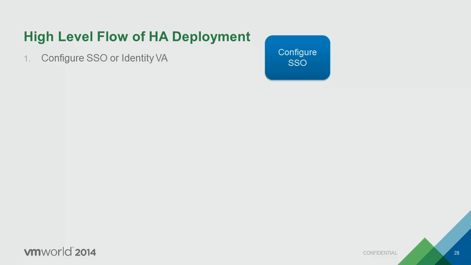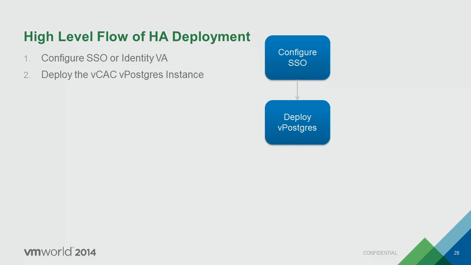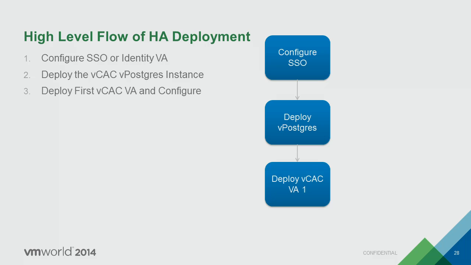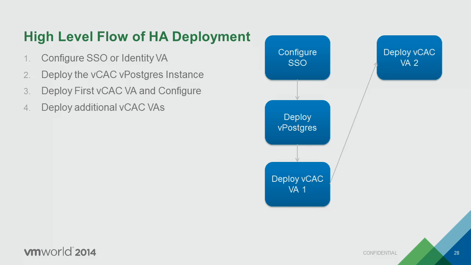If you're fine with fault tolerance, you can use the identity VA. Then you'll deploy the vCAC vPostgres instance, which we'll talk about more later on. Following that, you'll deploy your first vCAC VA, and configure it, after which you'll deploy additional second, third, whatnot.